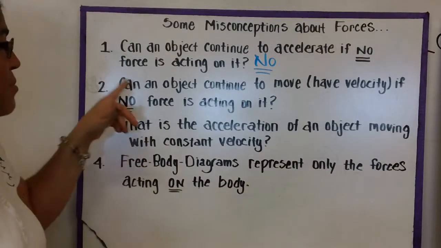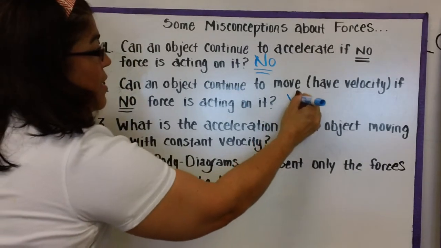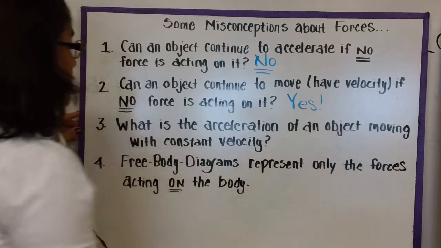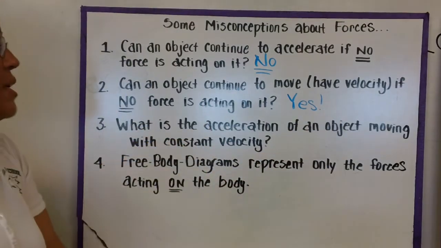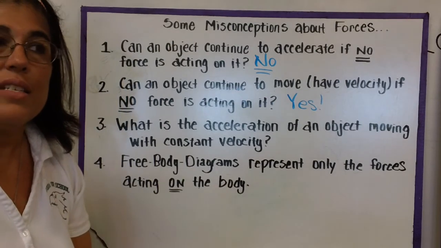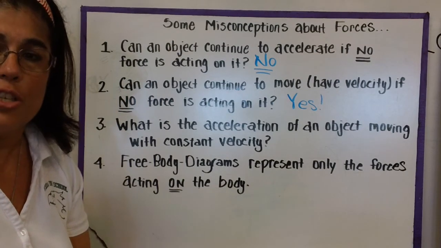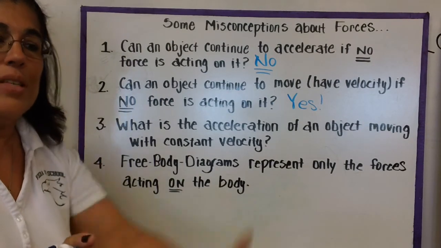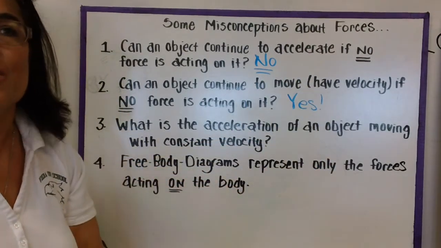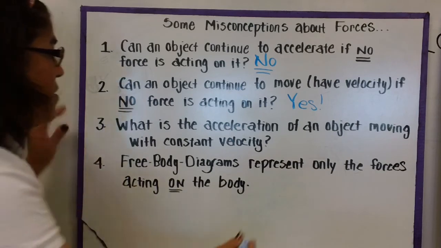So yes, an object can continue to move and have no force. Okay, what is the acceleration of an object moving with constant velocity? Well, if the velocity is constant, it means it's not changing. So the velocity at this point is equal to the velocity at this point, so our acceleration, which is the change in velocity, is 0.